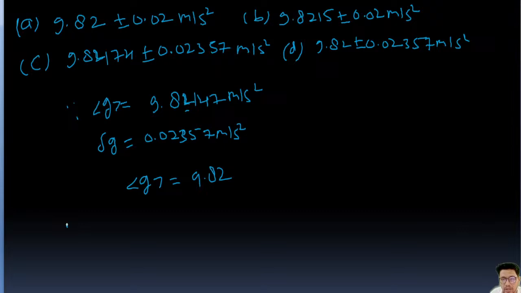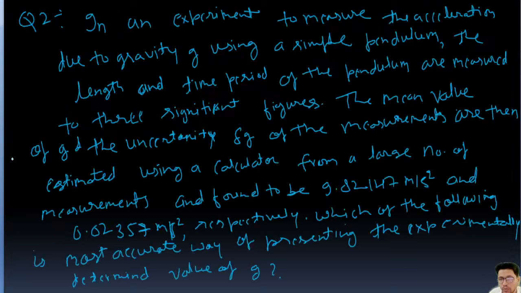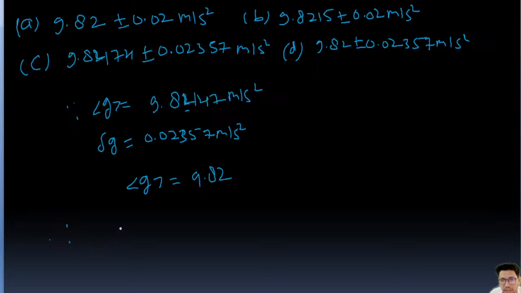So the most accurate way of presenting the value is 9.82, that is the mean value of g, taken to three significant figures only, and then plus minus delta g as it is, 0.02357. So this is the answer, guys.